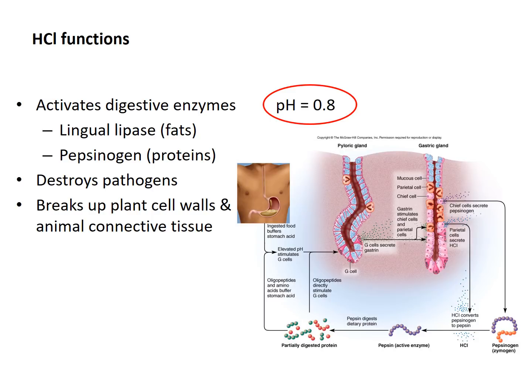Whether you like it or not, when we eat, we're swallowing a number of bacteria. And that stomach acid is important in the breaking up of the cell wall and connective tissue of plants that we eat and of animal products which we eat as well. So hydrochloric acid is very important in the digestive process and also important in keeping us safe against bacterial pathogens which we ingest.